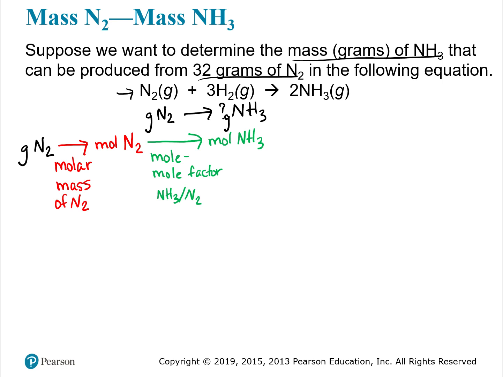So we'll need to write one of those from the given equation. The last piece is to take the moles of ammonia and convert to grams. We're going to need molar mass again, but this time it's the molar mass of ammonia.